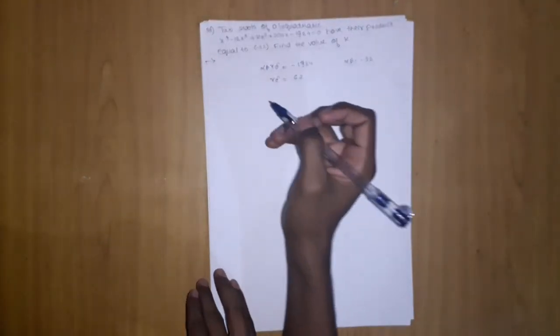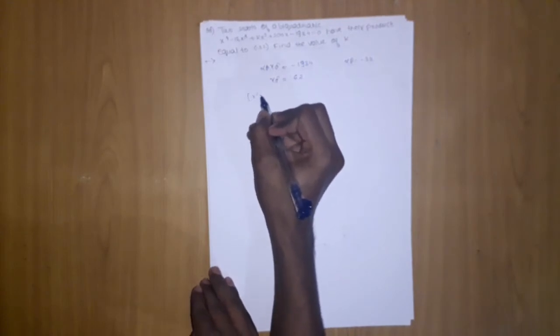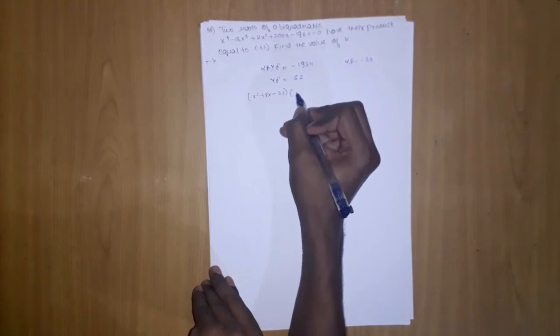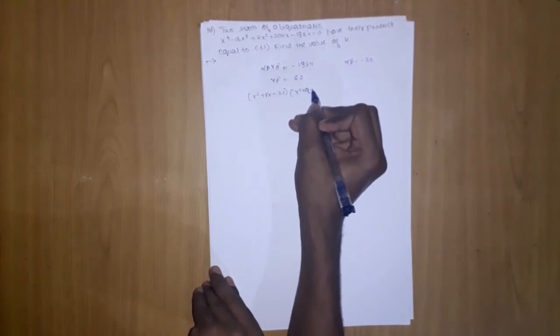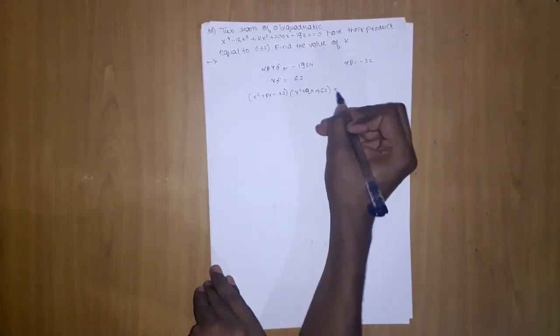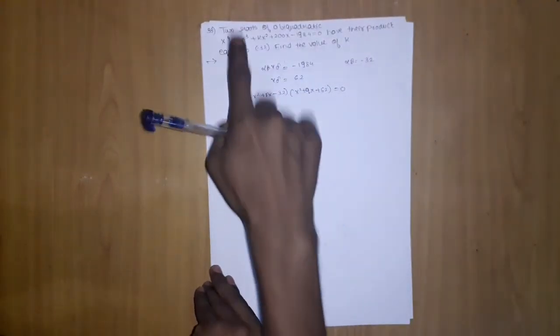Now if I try to make two equations, like x square plus px minus 32 as product, and the other x square plus qx plus 62 as its product, should be equal to 0. Now after multiplying I should get this.